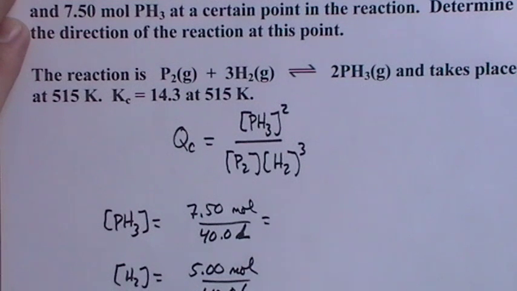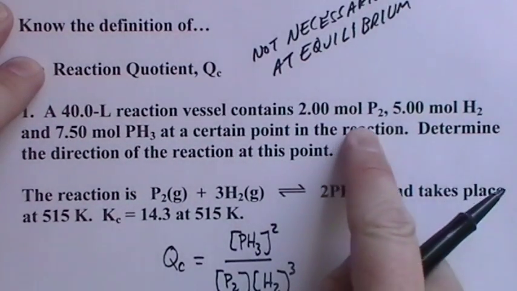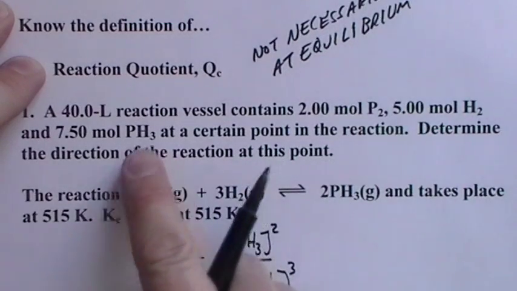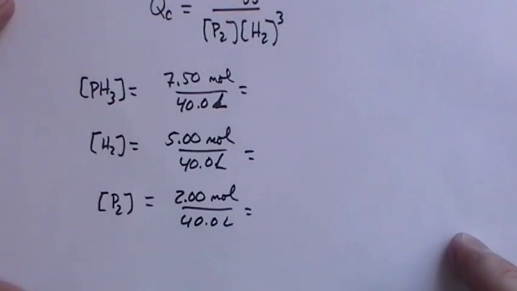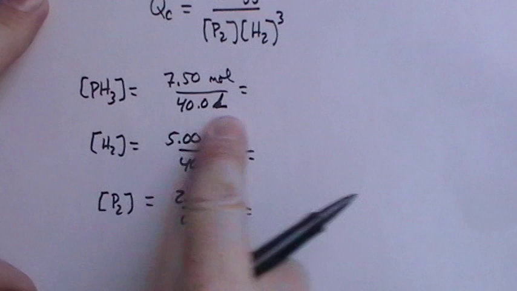Just to do it out long ways so you can see what we're up against. So from the above information, it shows we have 2 moles of P2, 5 moles of H2, 7.5 moles of PH3, and it's in a 40 liter vessel.